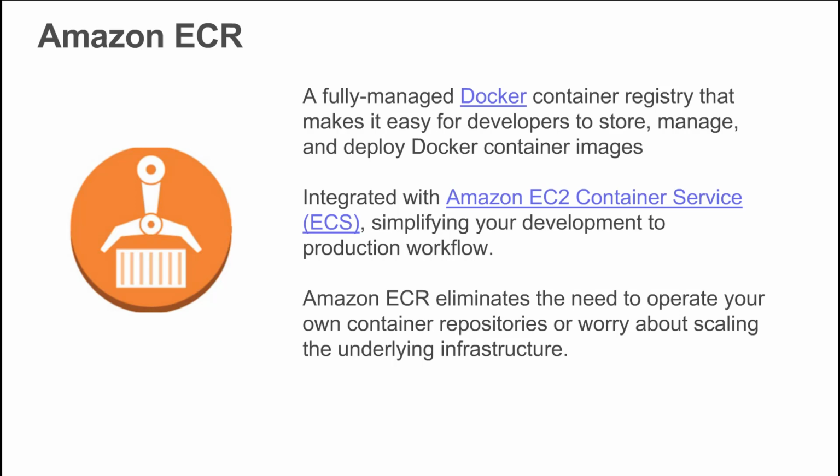With EC2 Container Registry, we have enabled a private repository for these images. So you don't have to operate your own repository, and you don't have to put your images on the public internet. You can use Amazon ECR to store your images and manage them using the same security constructs like IAM roles, and you can do fine-grained permissions, and it integrates very tightly with the Amazon ECS service.